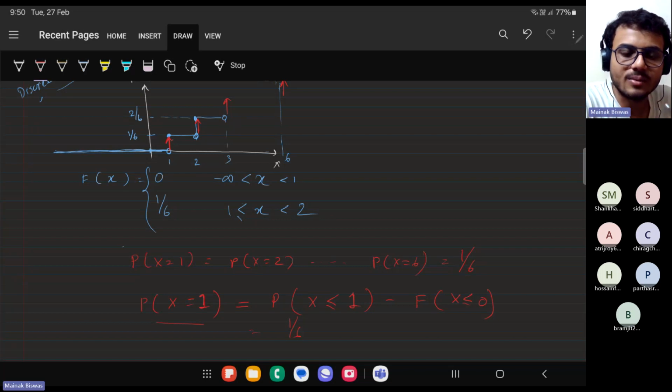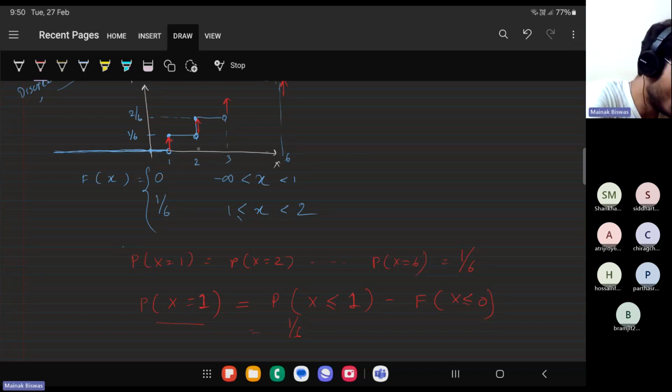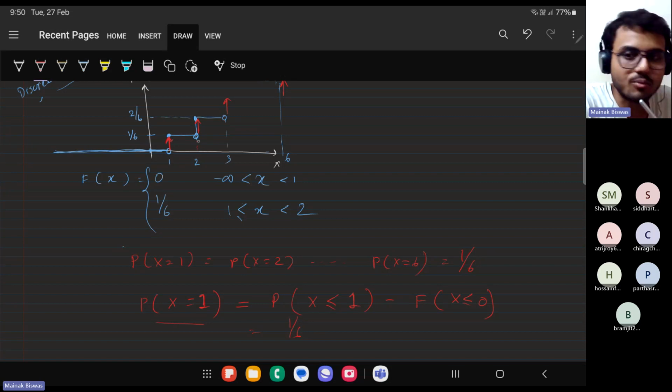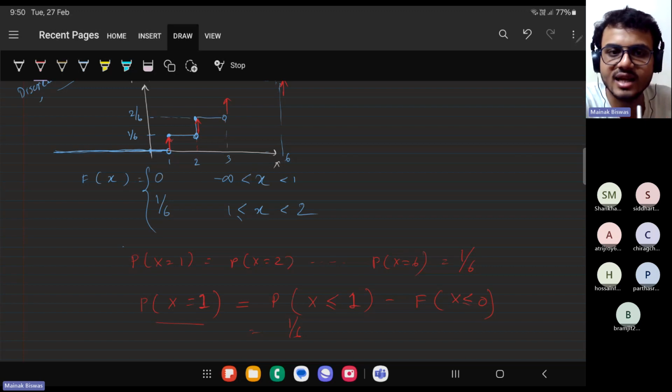At 1, it shifted to 1 by 6. At 2, it shifted to 2 by 6. That means the probability of 2 was 1 by 6 again. At 1.99, the probability of X less than or equal to 1.99 was again 1 by 6, indicating X equal to 1 is the event, right?